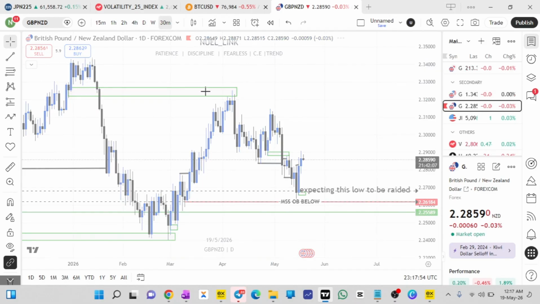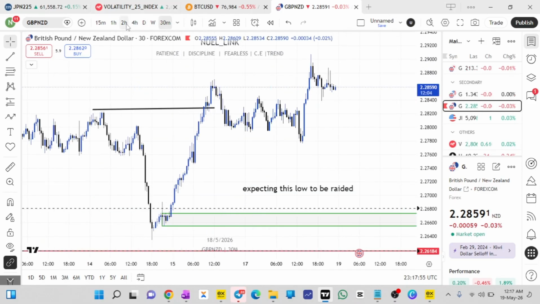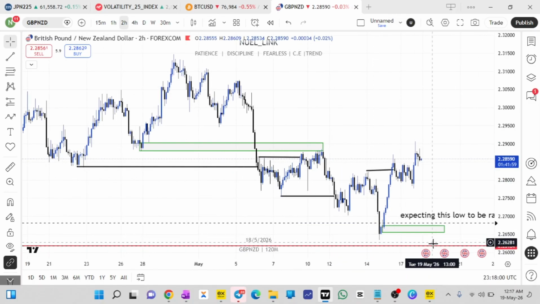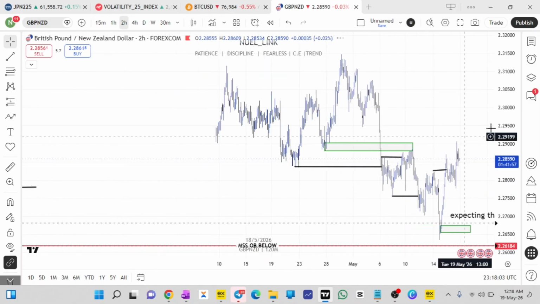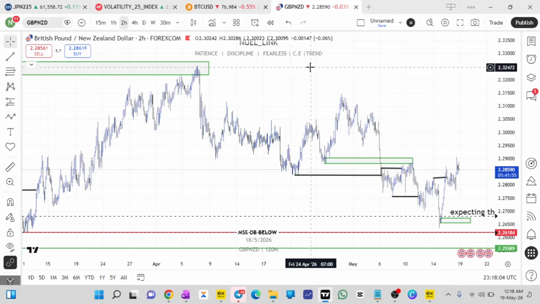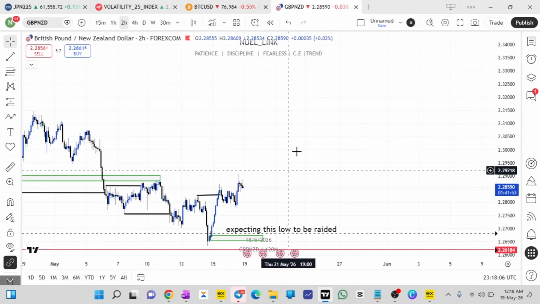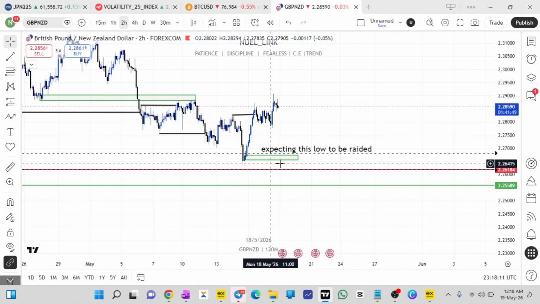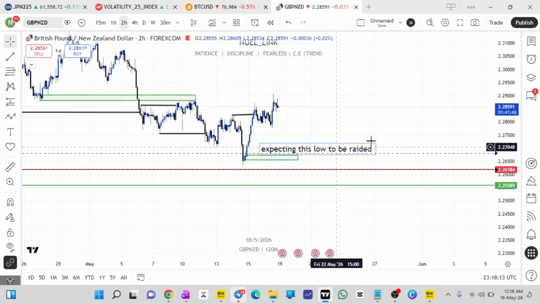You guys didn't miss my entry. So I'm expecting this low to get taken out. Like this is my entry. Then hold till price takes out this high. That's why I'm expecting this low to be raided, so I just need to enter and see it.